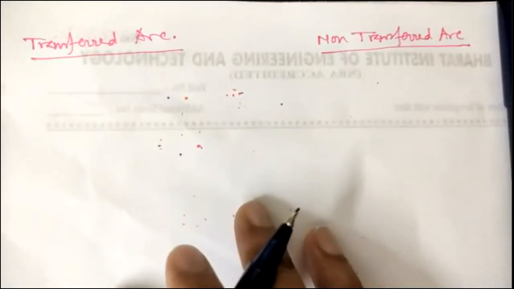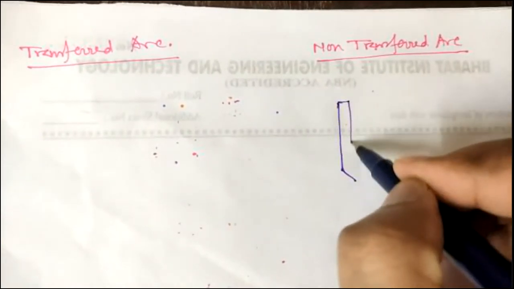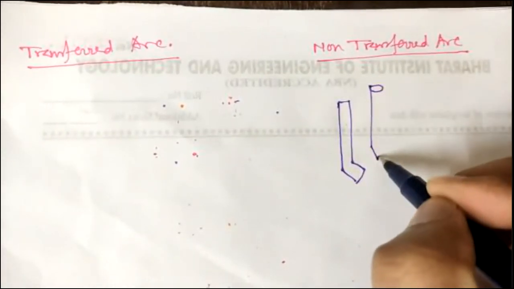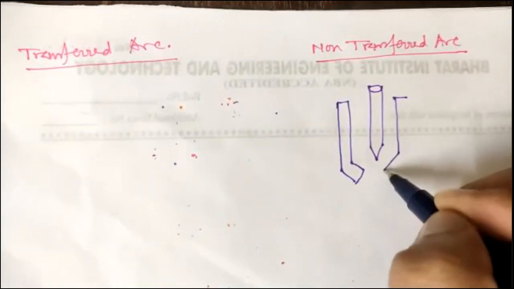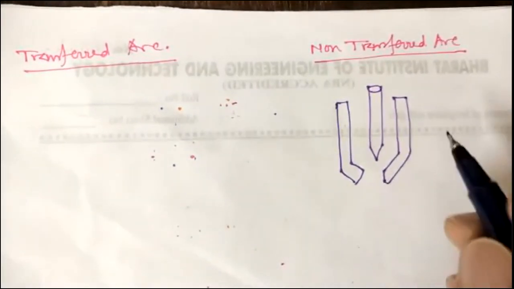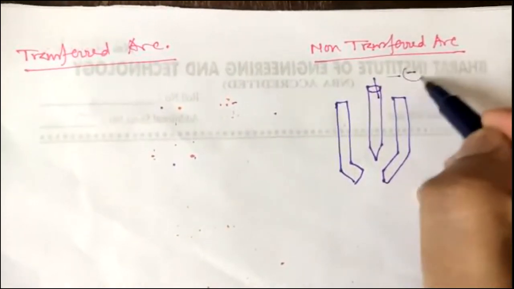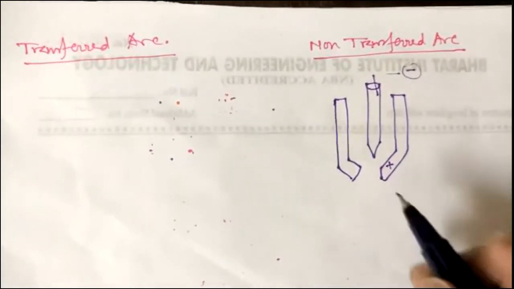In case of the non-transferred one, you have already seen that we are going to have a nozzle. Here we are going to have the electrode. Nozzle, electrode, these things you people have already seen. And you know very well that the electrode is connected with the negative power supply, and the nozzle is connected to the positive power supply.